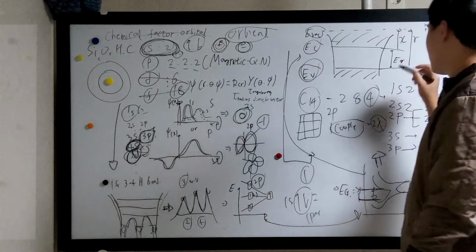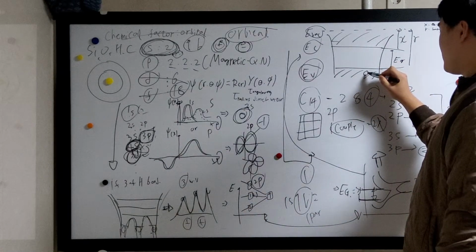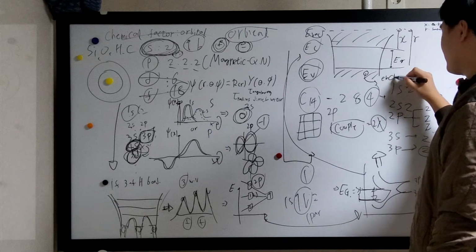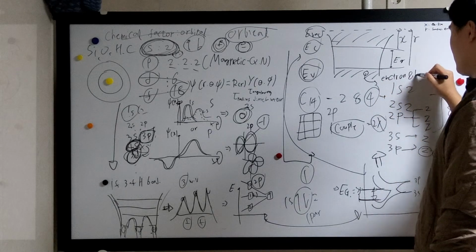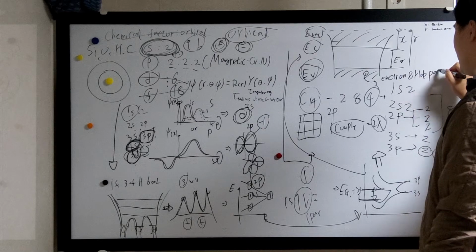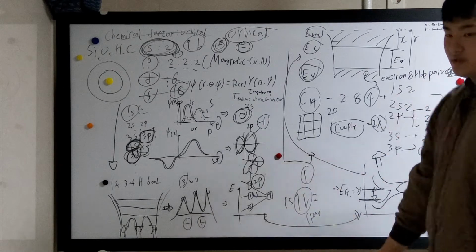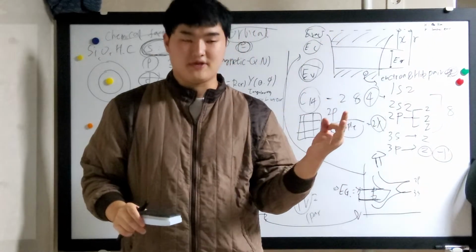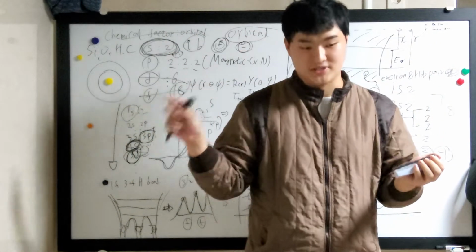Anyway, here we call this electron and hole pair generation. So a hole can be the opposite of the electron, and the electron has negative charge.